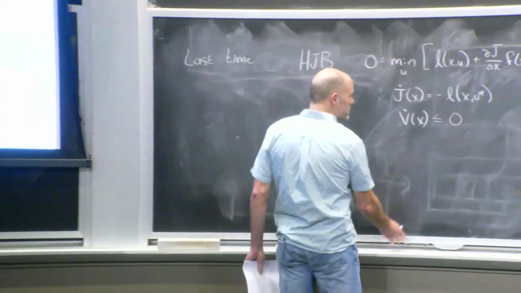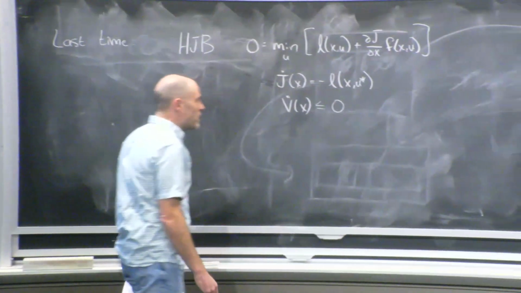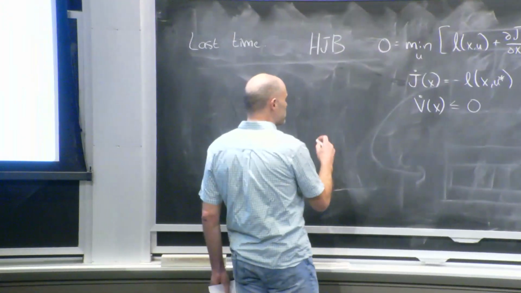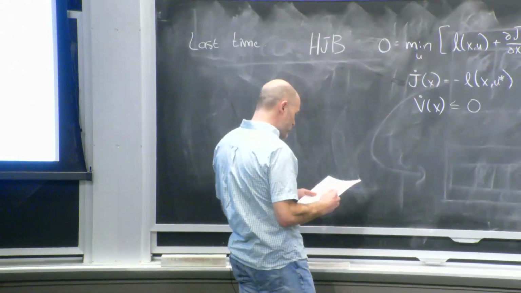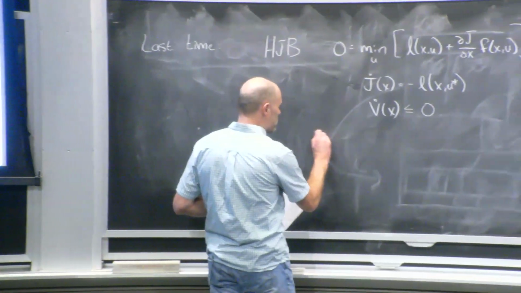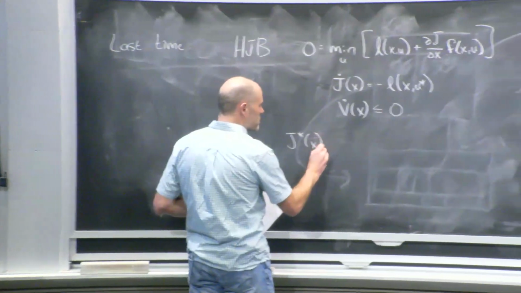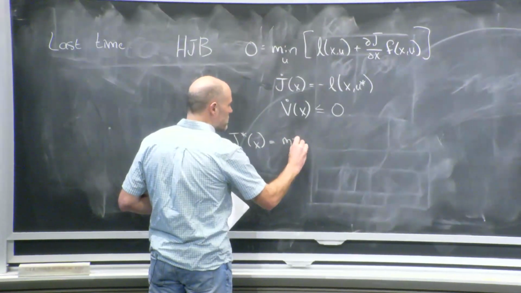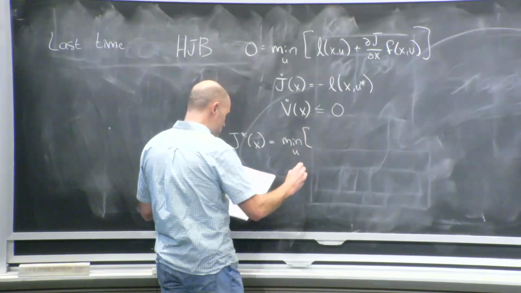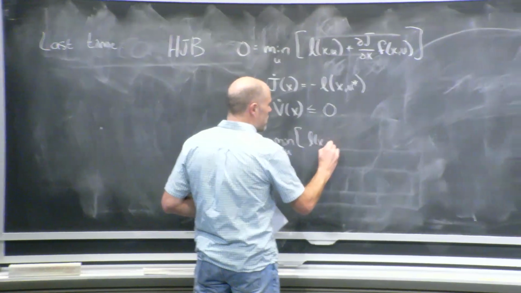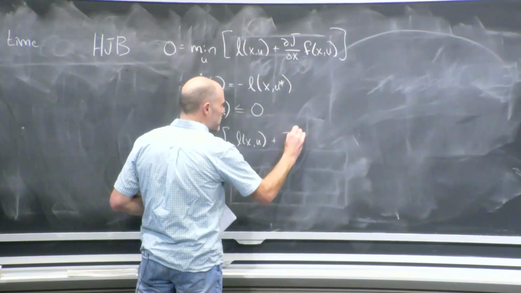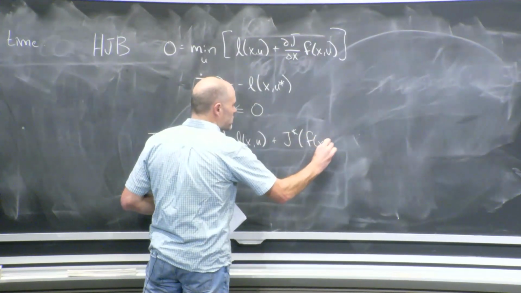And although I focused on everything continuous time last time, just for completeness, if you like the discrete time case, that goes through too, right? So in the discrete time, we had the min over u of L(x,u) plus J star of f(x,u).